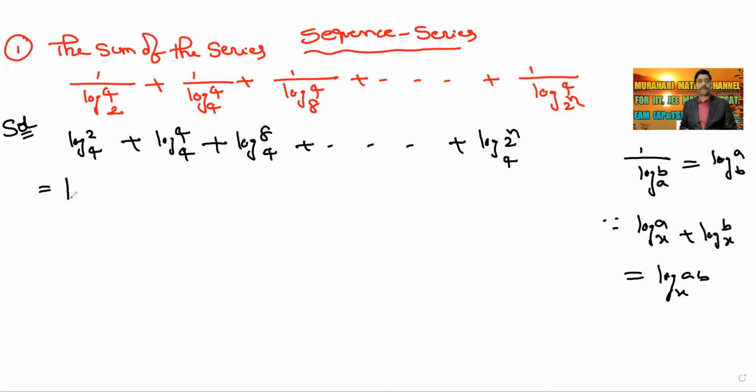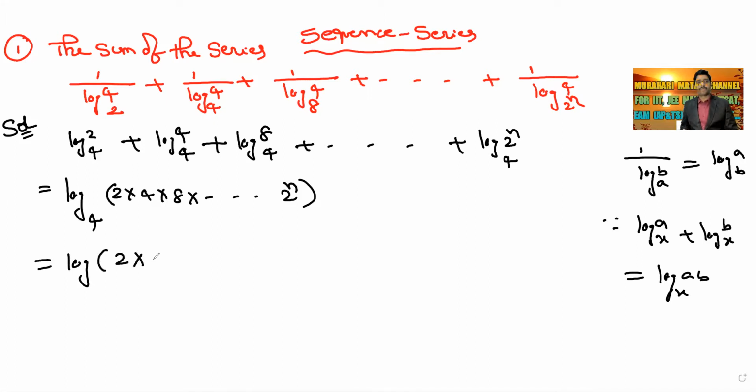It will be log of 2 into 4 into 8 and so on up to 2 to the power n, base 4. So log of 2 to the power 1 into 2 square into 2 cube and so on, 2 to the power n, base 4.